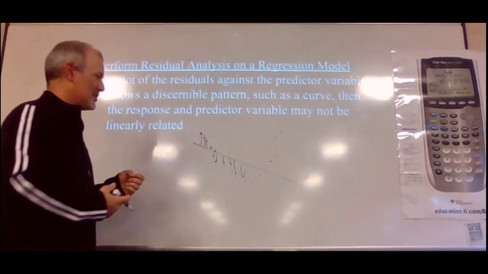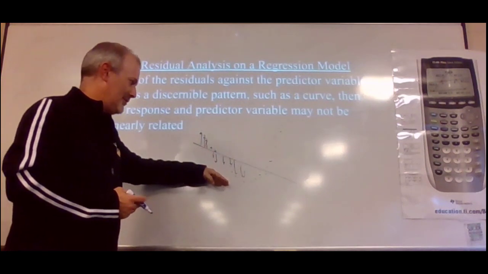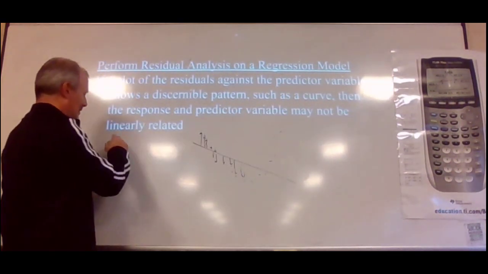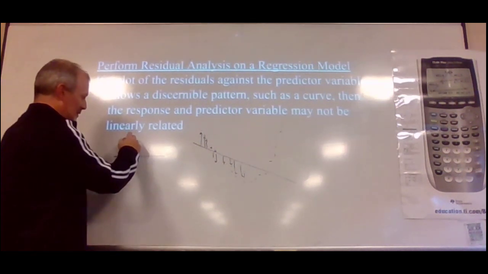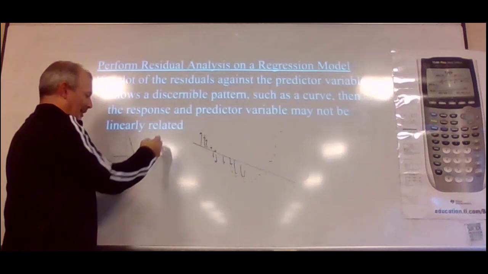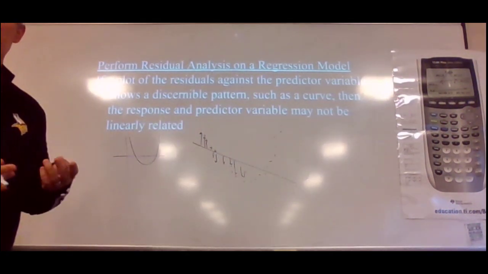So if we're graphing those residuals, you've got positive, and then it goes down to negative, and then it goes back up to positive again. If you think about what shape that's going to make, it's probably not quite this drastic, but it's going to form a curve, right?